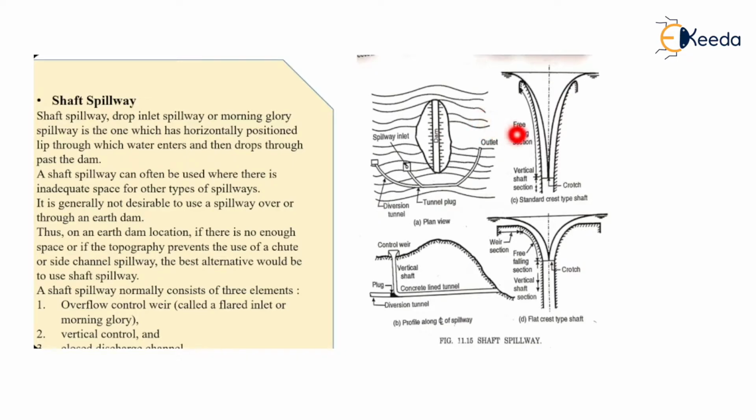So for protecting such an area from this energy, this whole vertical shaft structure will be constructed of reinforced concrete, and the horizontal conduit, this tunnel, will be properly constructed in rock impermeable strata, so that the kinetic energy, whether tremendous or maximum or minimum, does not create any effect on such an element.